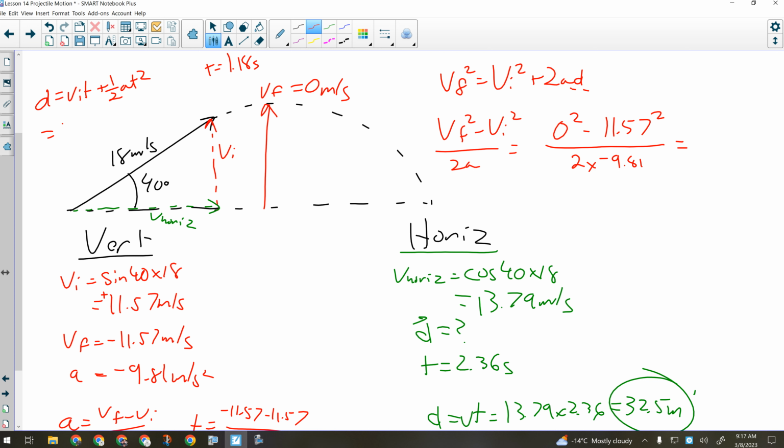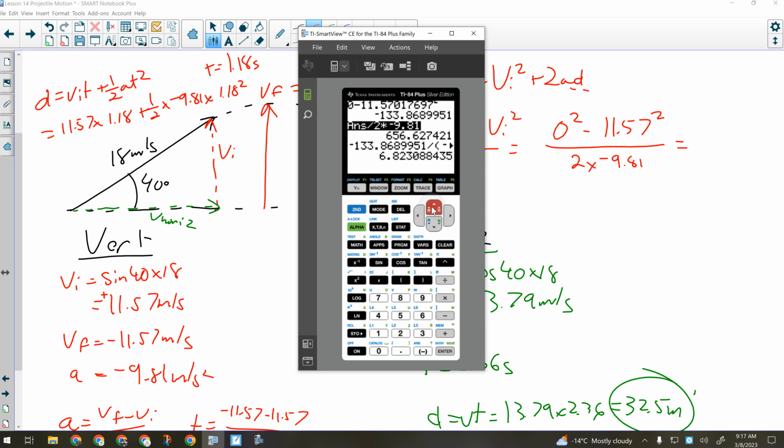And so I would plug in 11.57 times 1.18 plus 1/2 times negative 9.81 times 1.18 squared. Same number, 6.8. Either way will work.